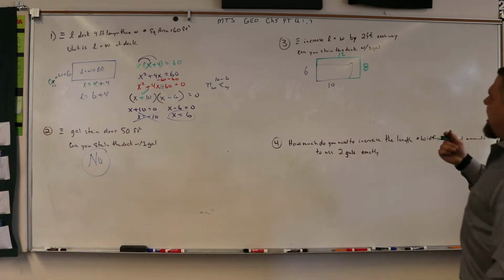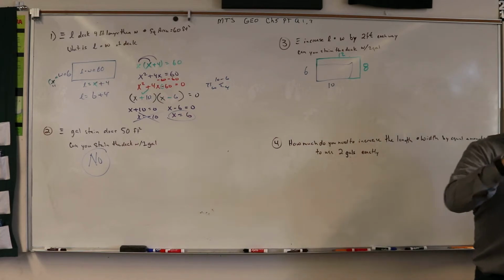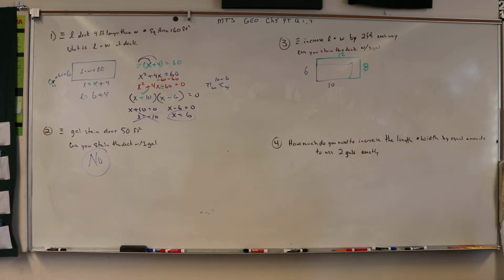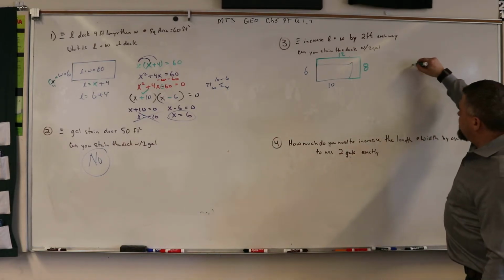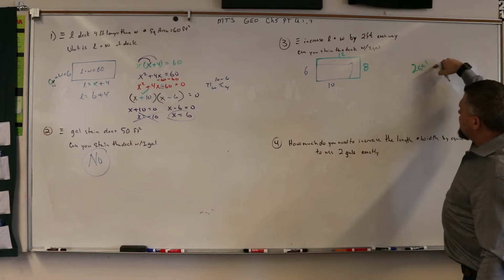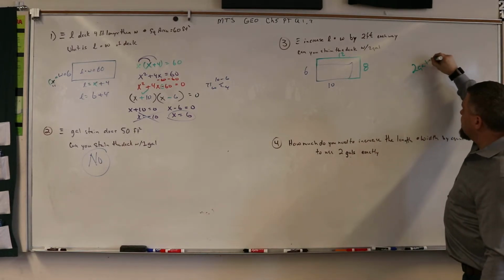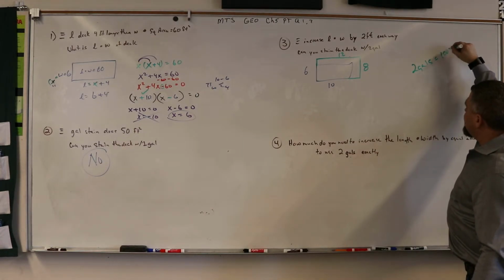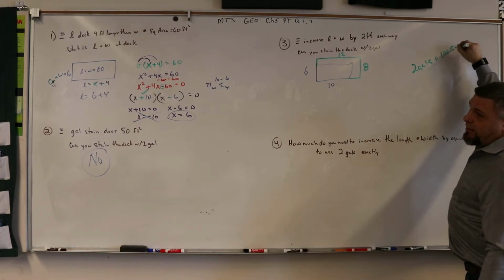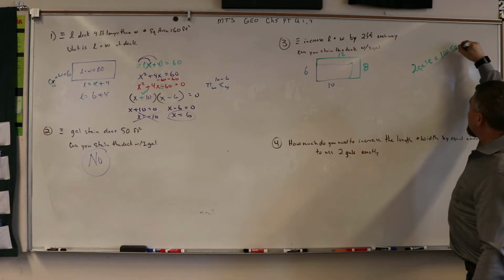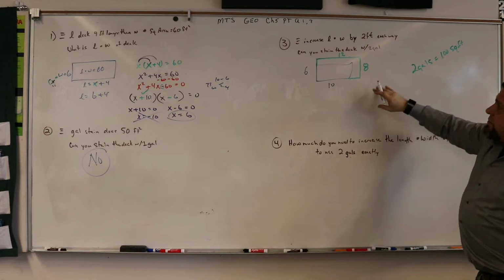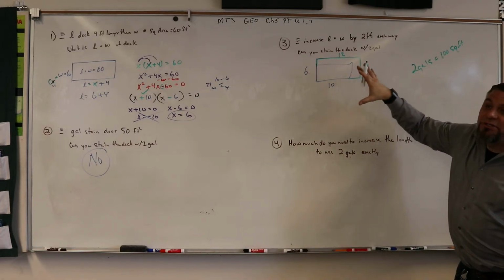And then they're saying, will you have enough stain to do it with 2 gallons? So how many does 2 gallons do? 2 gallons, since they do 50 each, is going to do 100 square feet. So we need to know, is that 100 square feet or not?